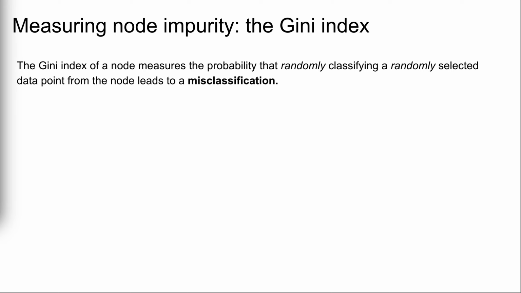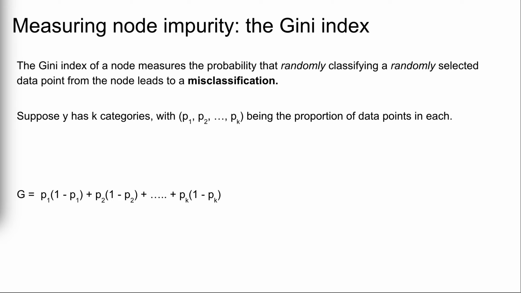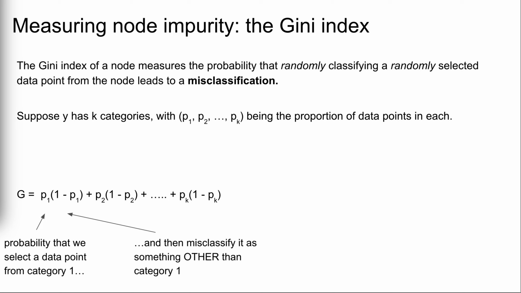A formula for the Gini index is provided here for the general case in which our Y categorical outcome has k different categories, with P1, P2 up to Pk being the proportion of node data points that fall into each category. Breaking this down, the first term in the sum represents the probability that, from this node, we randomly select a point from category 1 and then misclassify it as something other than category 1.